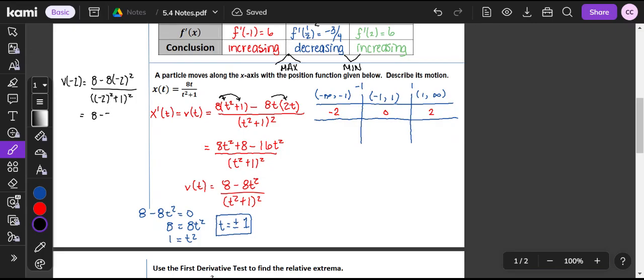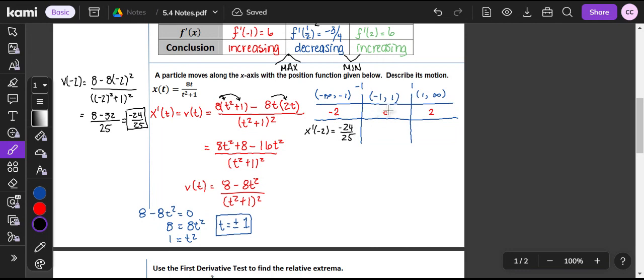So I have 8 minus 32 all over, this is going to be 4 plus 1 squared, so this is going to be 5 squared, which is 25. 8 minus 32 is -24 over 25. So the derivative at -2 is equal to -24 over 25.